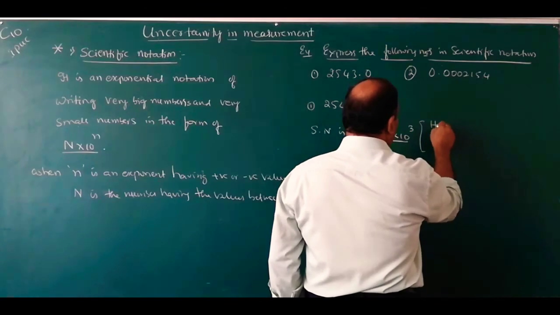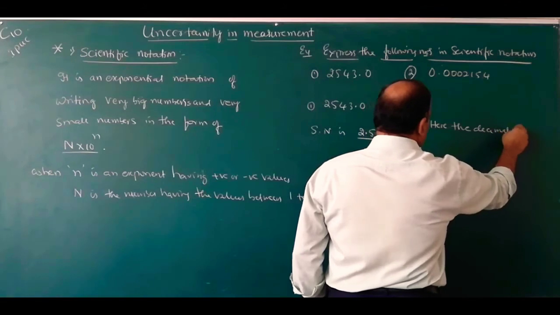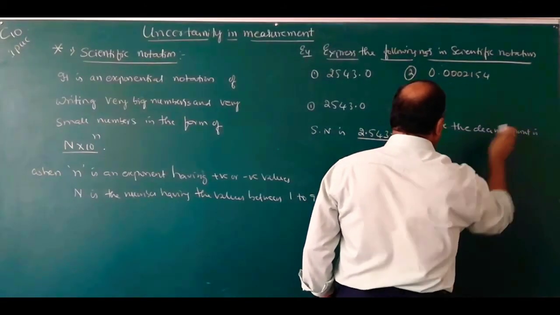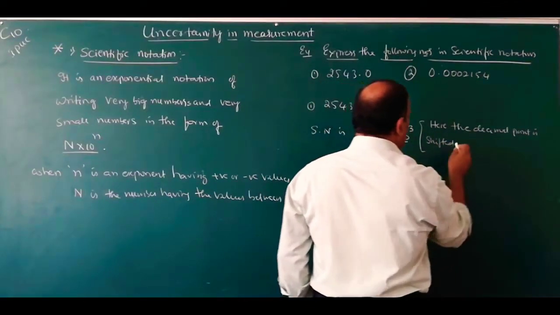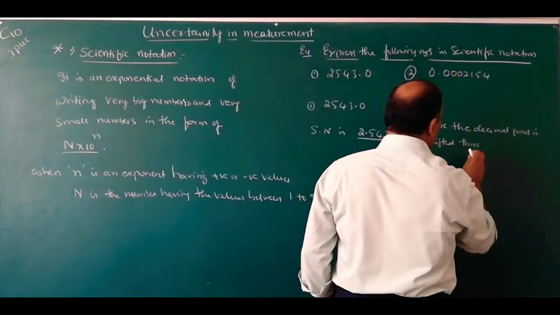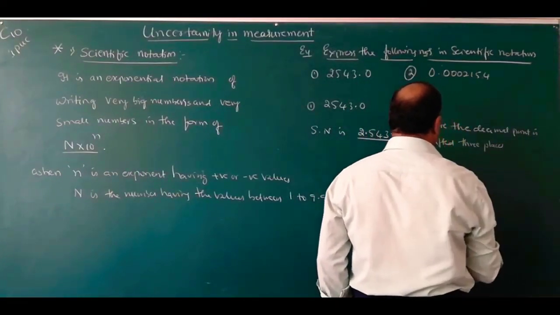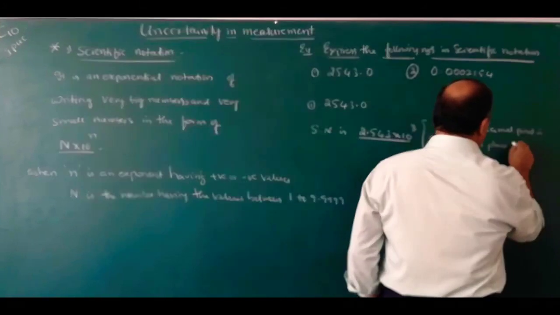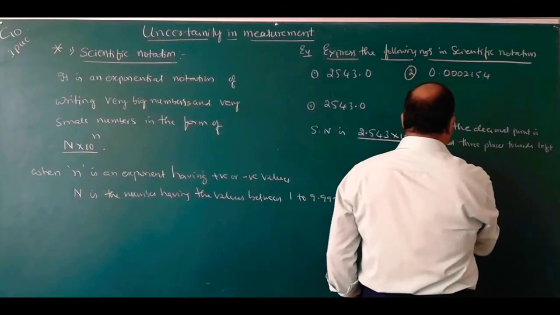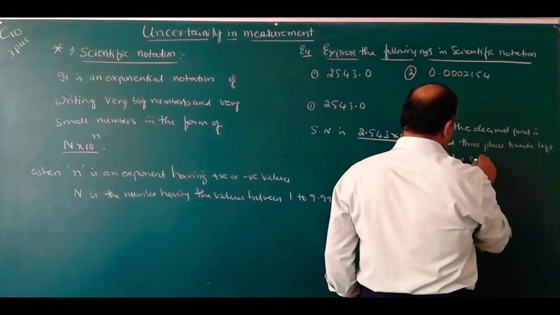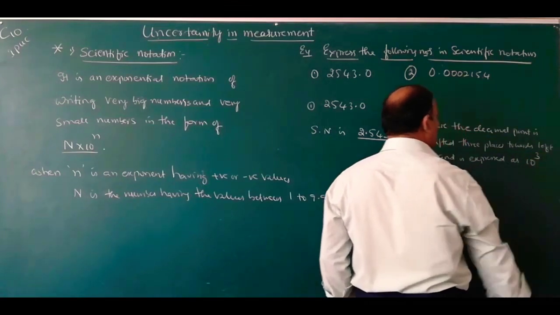So here the decimal point is shifted 3 places towards left and is expressed as 10 to the power of 3.